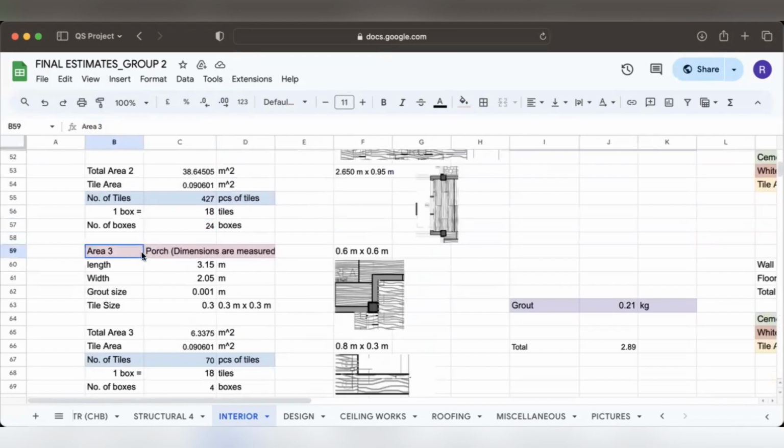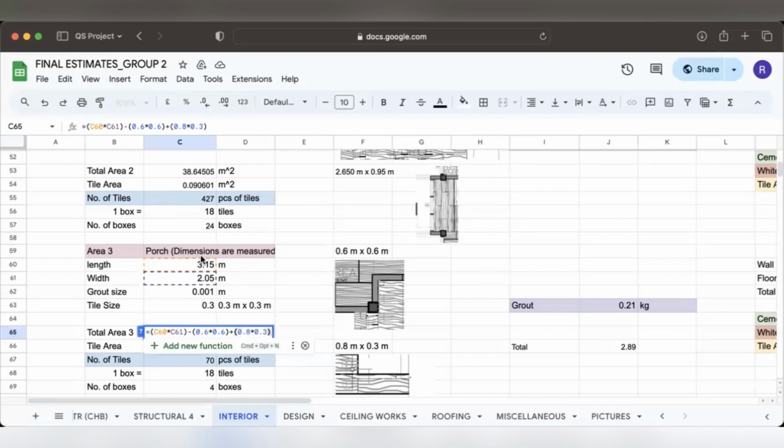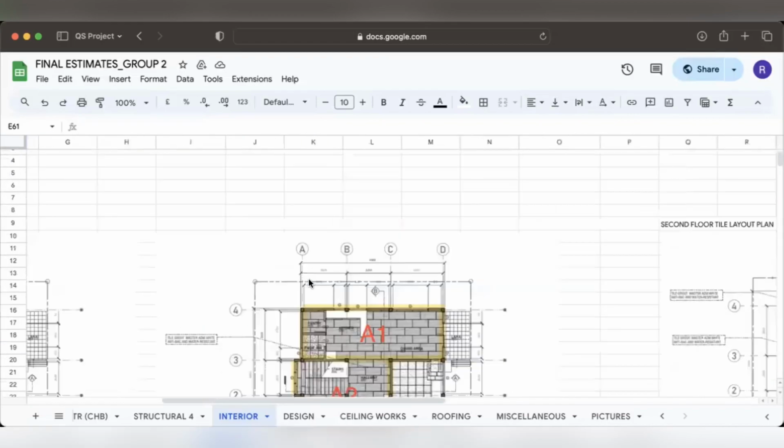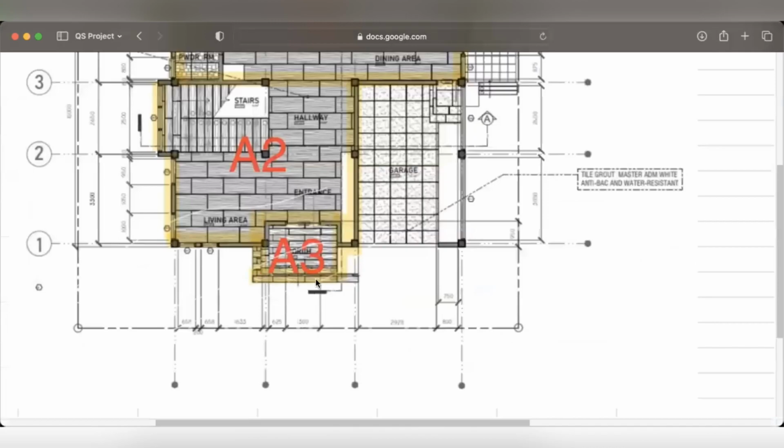For area 3, which is the porch side, we have a length of 3.15 meters and a width of 2.05 meters, with the same grout size and tile size. We multiply the length and the width of the area.